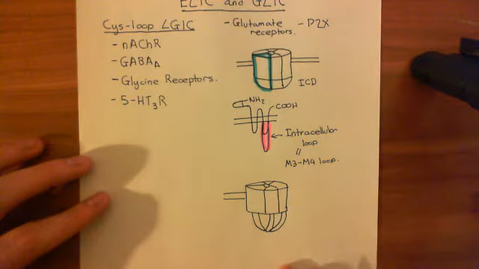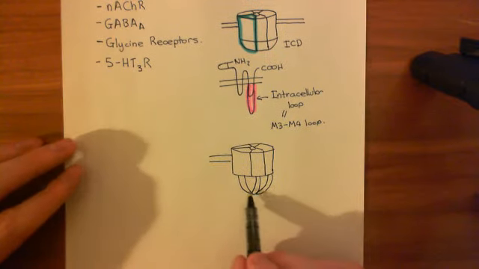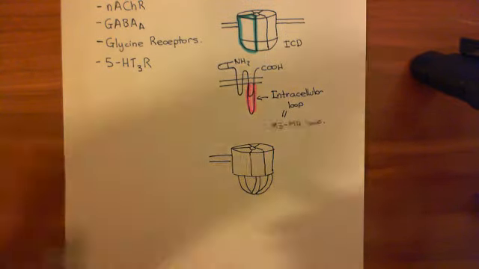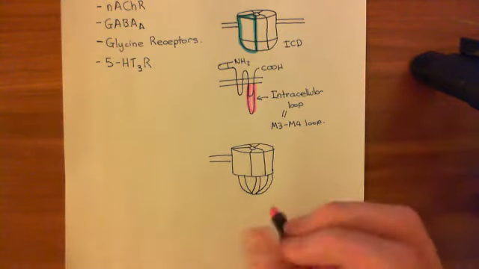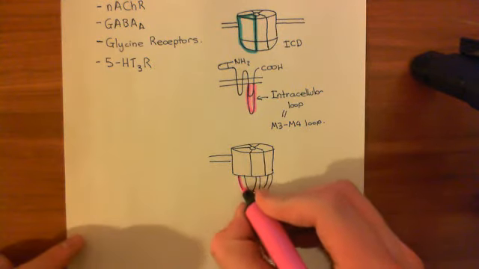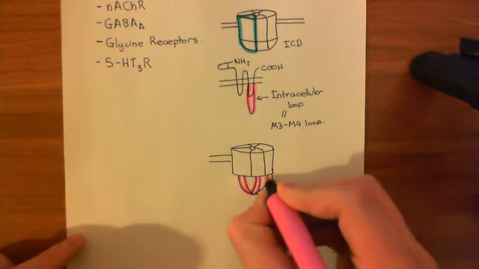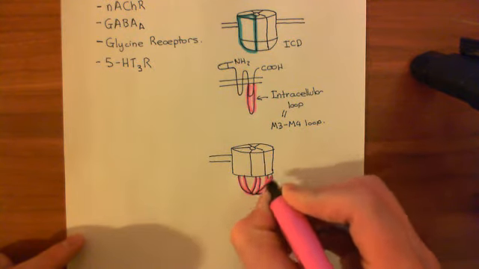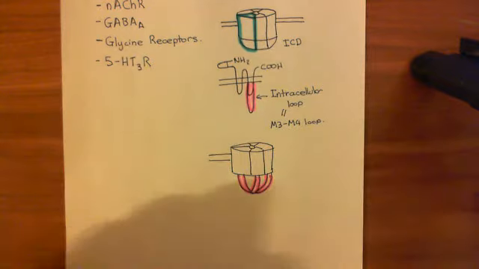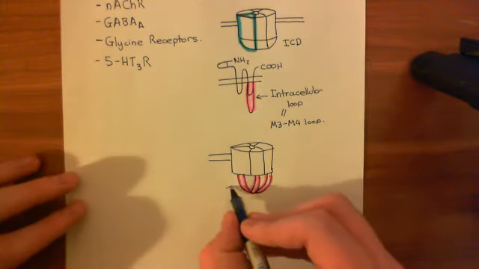So all 5 of them come together and sort of form a connection at the bottom. And as you can see, between these neighbouring intracellular loops, so here's one intracellular loop, here's another intracellular loop, here's another intracellular loop, there is a gap known as a porthole, okay?